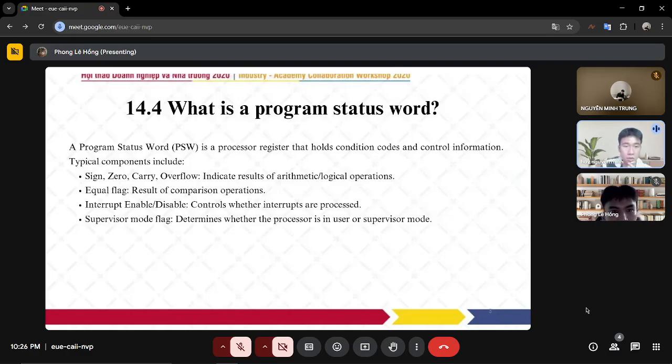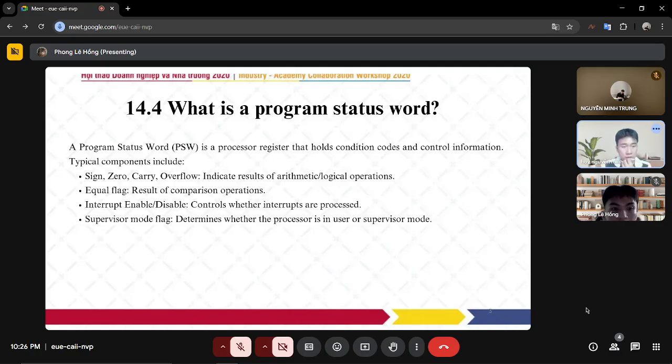14.4. What is a program status word? A program status word is a processor register that holds condition codes and control information. Typical components include: 1. Sign, zero, carry, overflow flags, which indicate results of arithmetic or logical operations. 2.